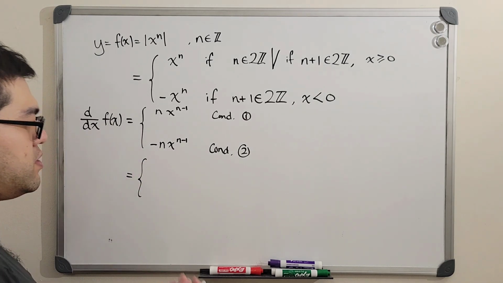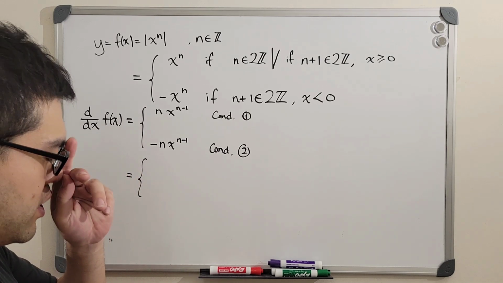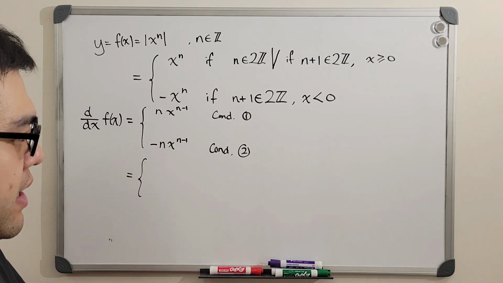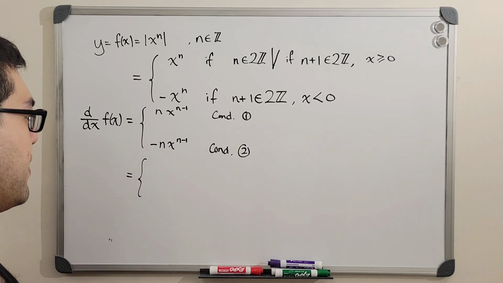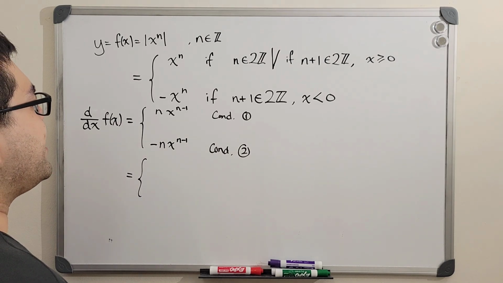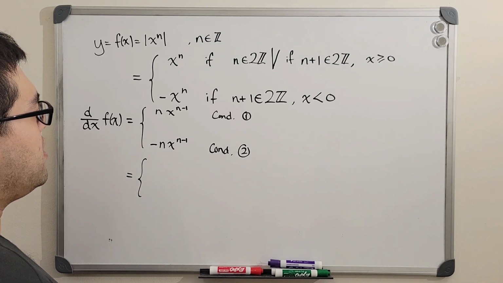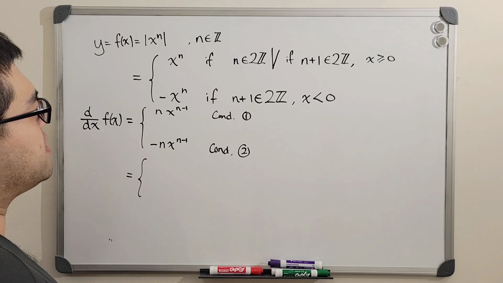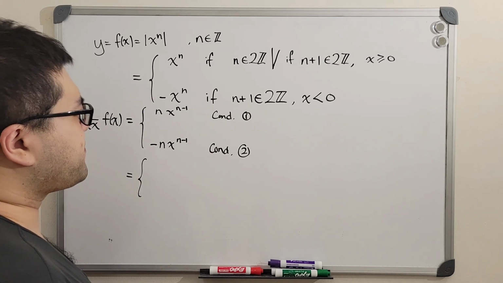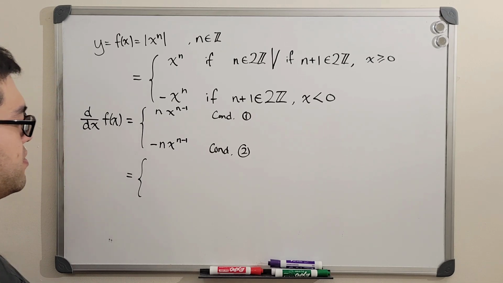So notice that the second case is just a negative version of the first case. We can actually try to focus on the first case at the moment and see how we can manipulate that expression. So in this case, we know that n is either even or odd when x is greater than or equal to 0.